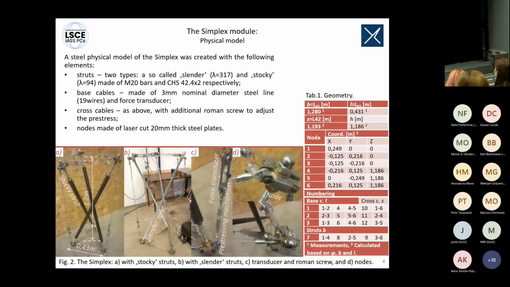Actually, there were 2 versions of this module: the one which I call stocky struts, where the slenderness was approximately 94, and the slender struts, which had slenderness above 300, which is very high. The pre-stressing mechanism was created by Roman screws, which were attached to each of the 3 cross cables, and force transducers were attached to every one of the 9 cables.